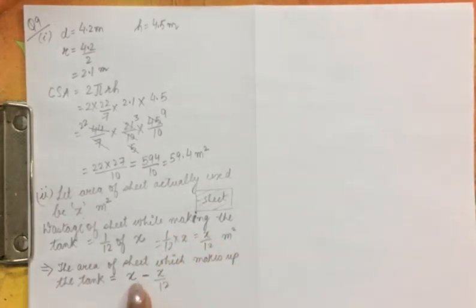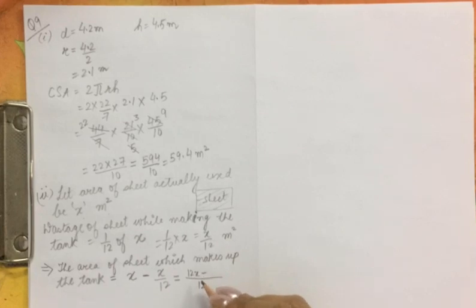So this is the material which was actually bought, this is the wastage, and from here we can find out how much material was actually used to make the tank, or I would say the material that is actually visible in the tank. We can only see the material which is used, we cannot see the wastage. So this is the area of the sheet which is visible to us, and this is exclusive of the wastage.